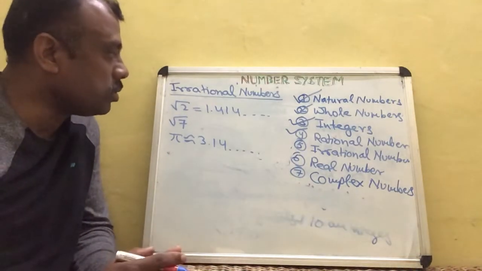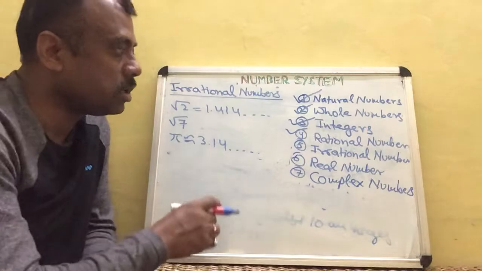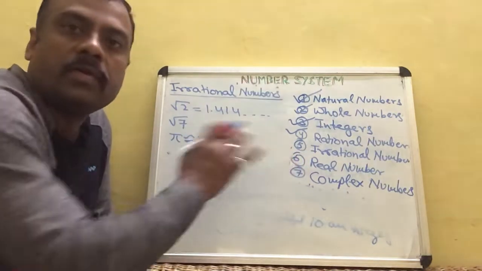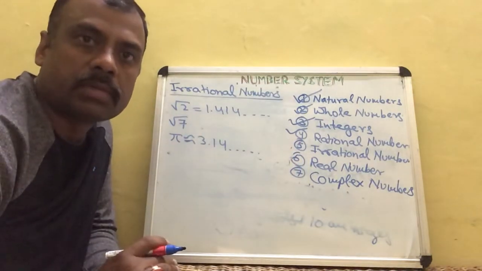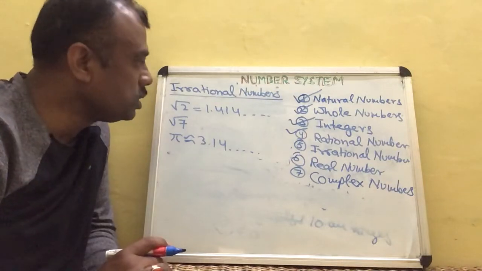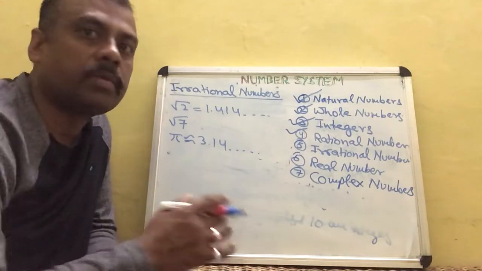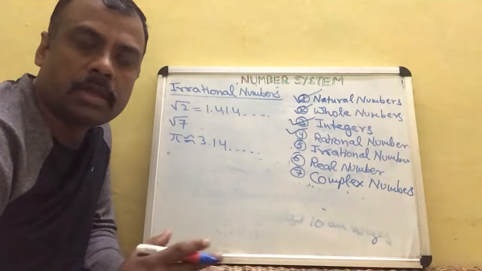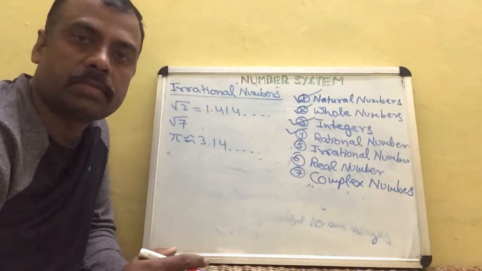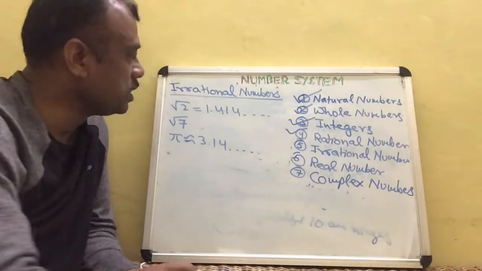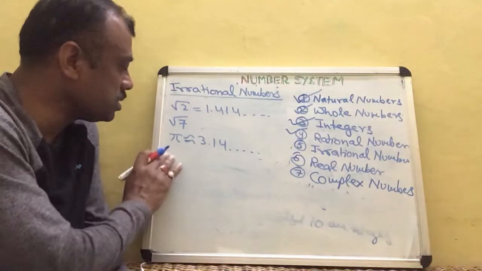So till now these numbers are not a member of any family of the number system. To include these, we have to develop another number system, that is called the irrational number system. Then what is the irrational number system?